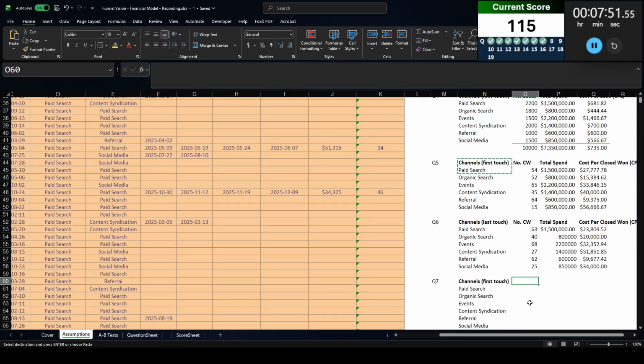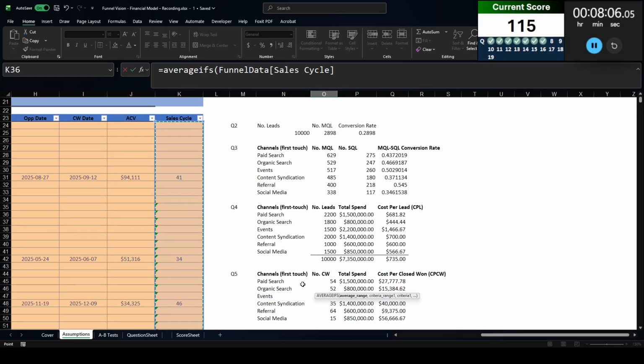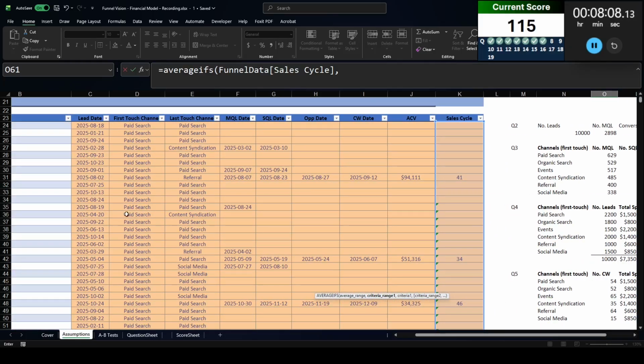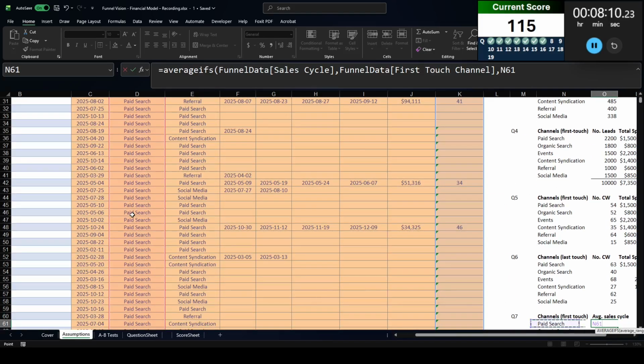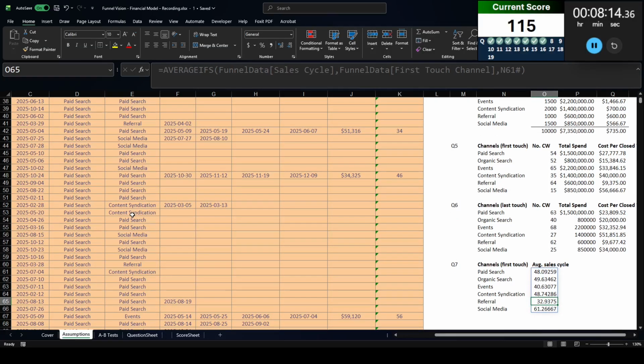And we will do average, what was it called? Average sales cycle, right. Okay, yeah, that's fine. So we'll do AVERAGEIFS, the sales cycle where first touch channel references the channels in this column here. So there we get the average cycle for each channel.